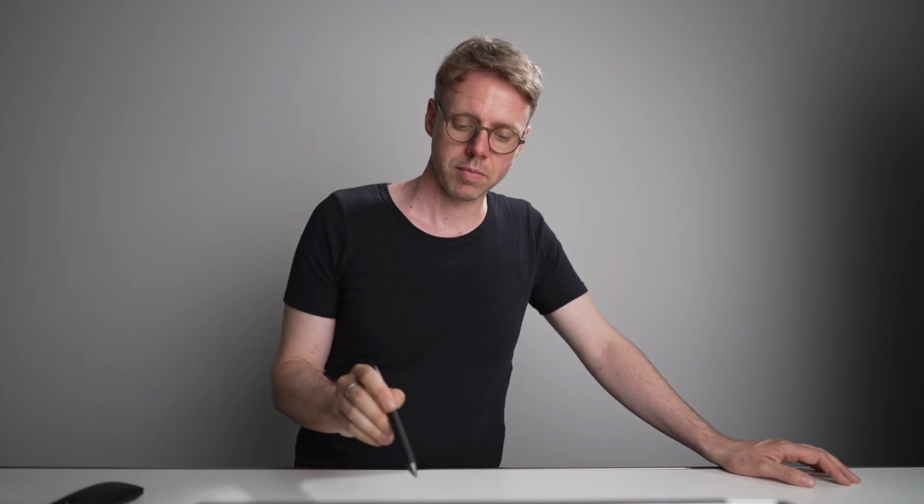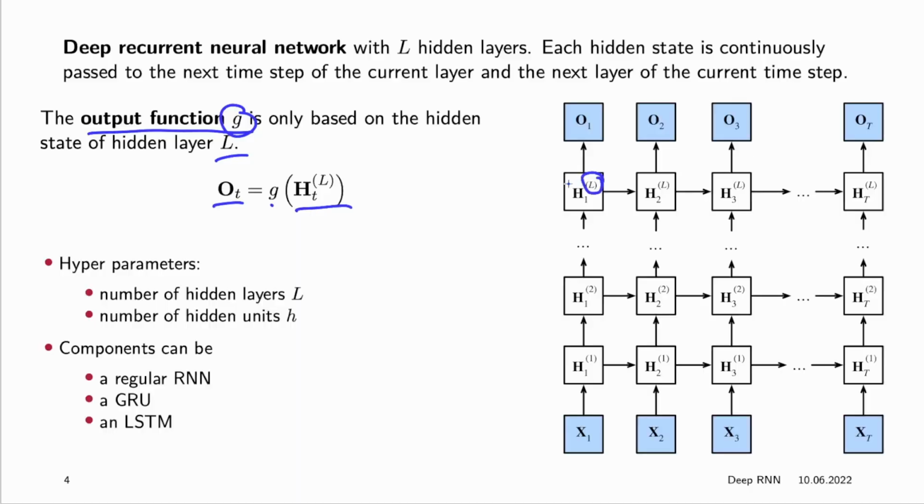Now, because this model has now capital L layers, we need to choose these hidden layers. So the hidden layers are hyperparameters of this neural network. So remember, hyperparameters are parameters that are not trained during model training, but instead have to be set beforehand.